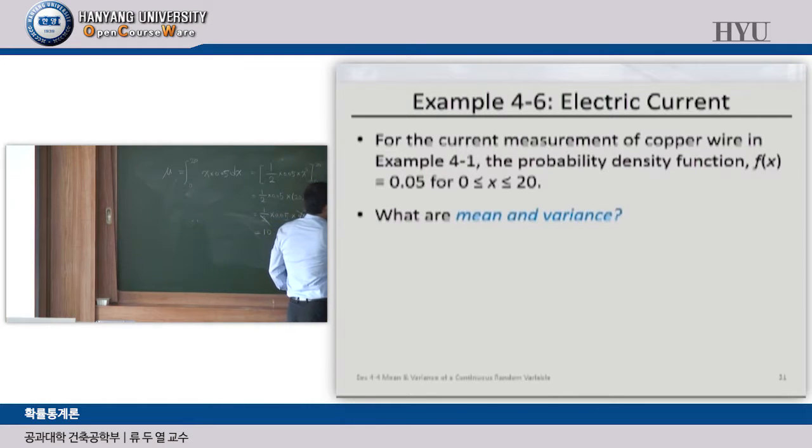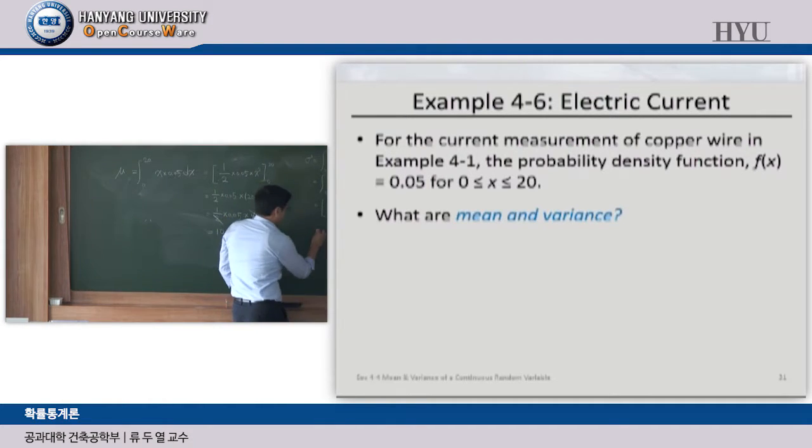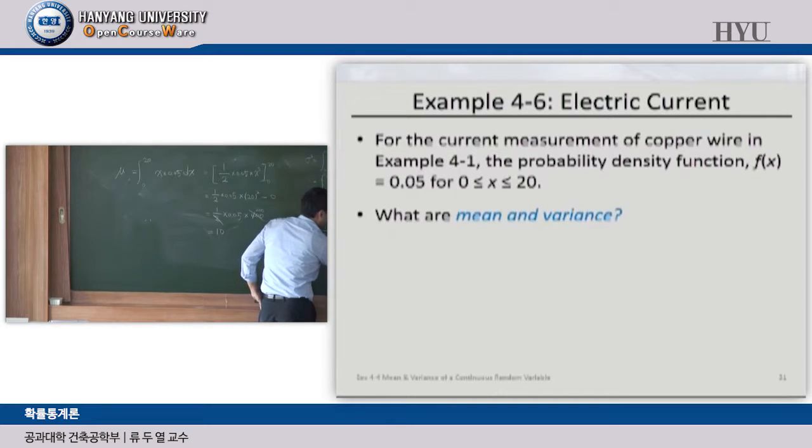So this can be 1/3 multiplied by 0.05 multiplied by x to the third power from 0 to 20 minus 100. Okay? And this can be 1/3 multiplied by 0.05 multiplied by 20 to the third power minus 0, and minus 100.